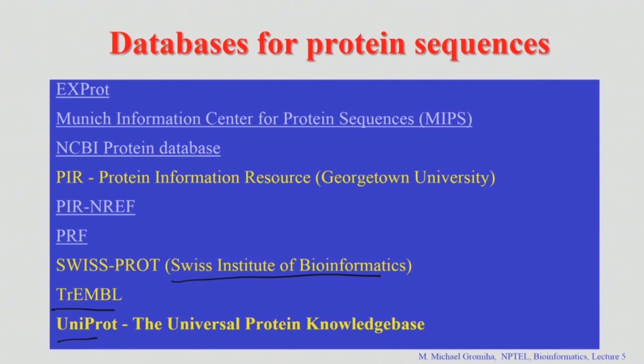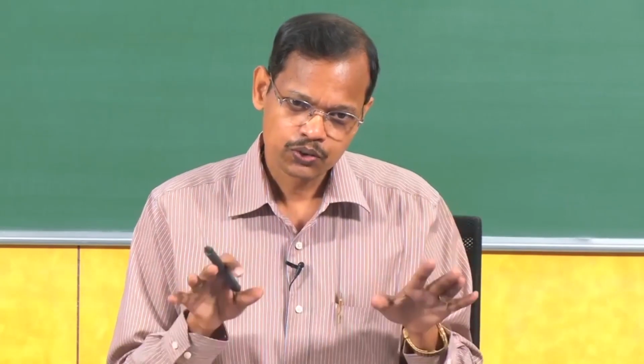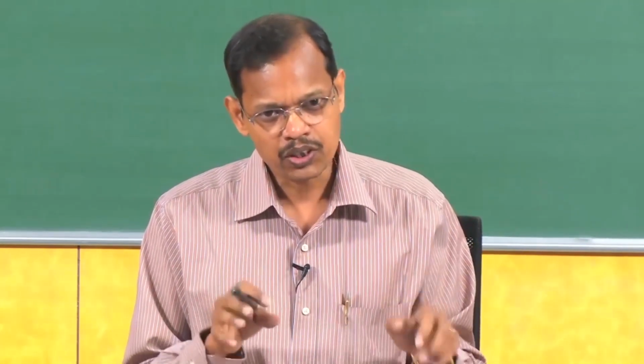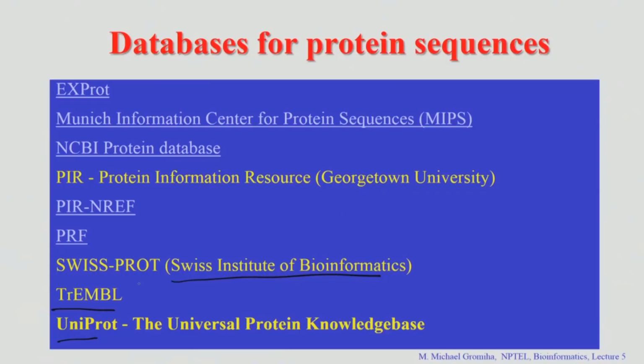Although these two major databases, PIR and SwissProt, merged to share the information regarding protein sequences, the tools developed by these groups are maintained by themselves. So, you can get the sequences from UniProt, but if you want to use any of these tools, you can use SwissProt or PIR. They have different specific tools to analyze these protein sequences.